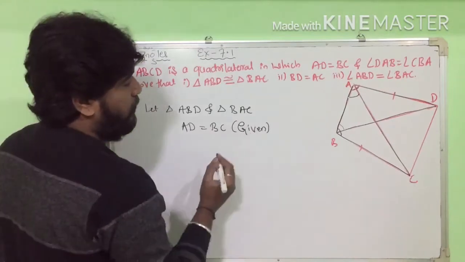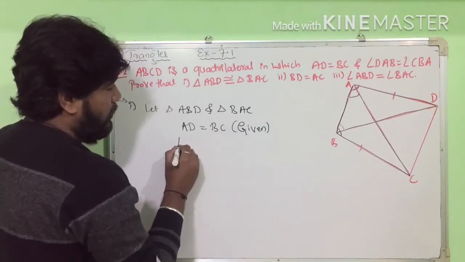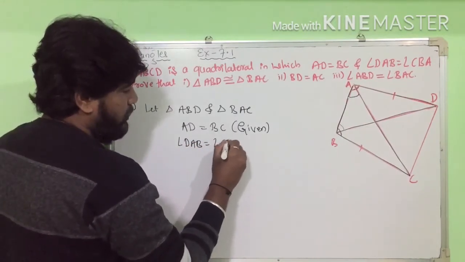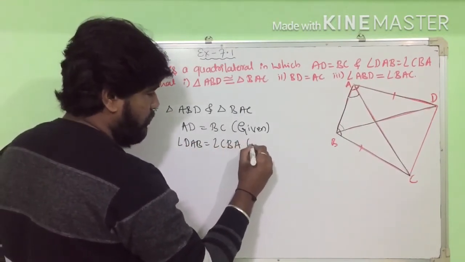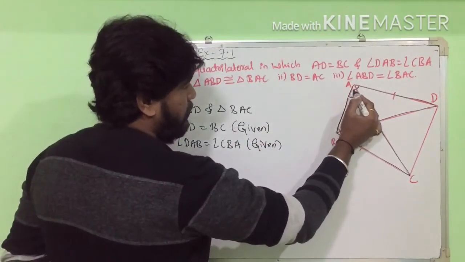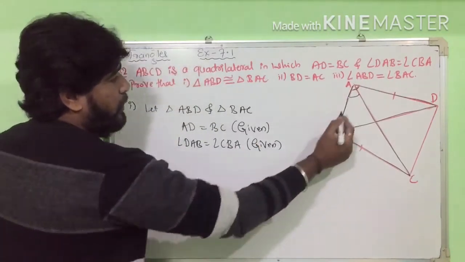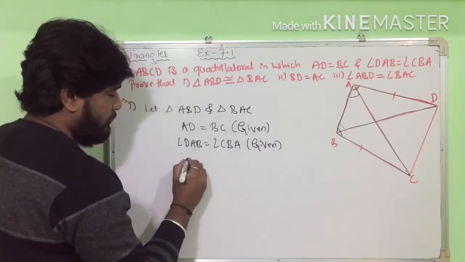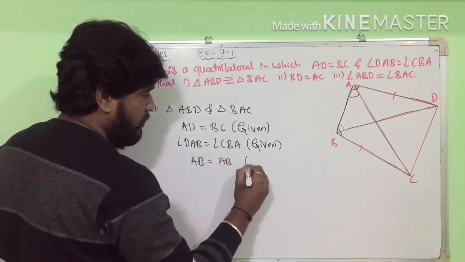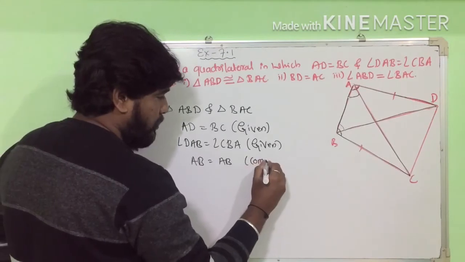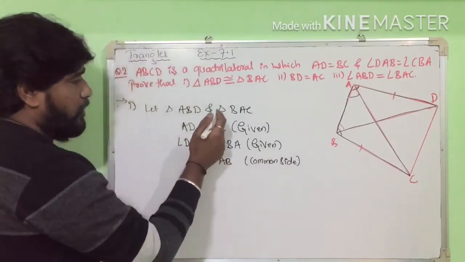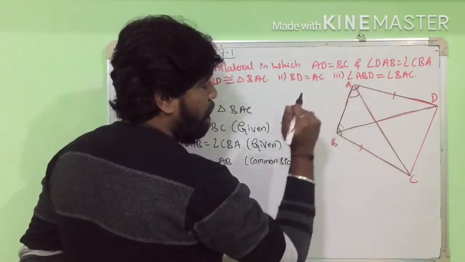And next the given angle also: the angle DAB is equal to angle CBA. It is also given, this angle, right? And AB is equal to AB, common side. So in these two triangles, the two sides and one angle are equal.